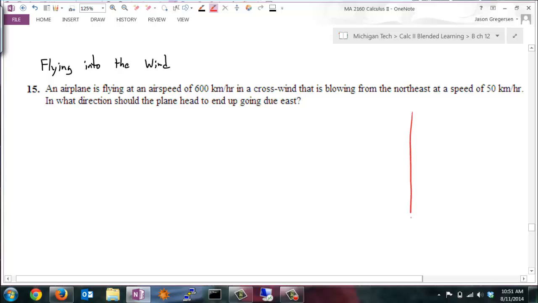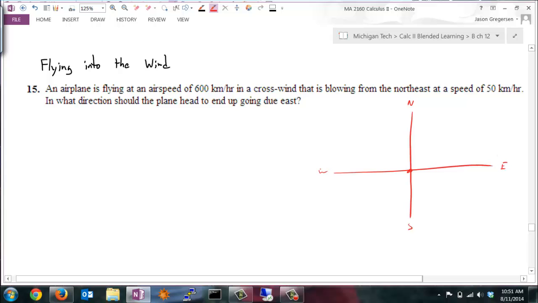So we're going to start with a little picture here. Our plane is going to be in the middle. We want to find out what's going on here. So the easiest thing to identify right away is the crosswind. There's going to be a force from the wind. It's a crosswind that is blowing from the northeast. So I'm going to call this north, south, east, and west.